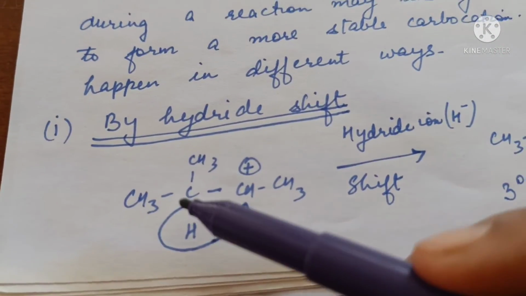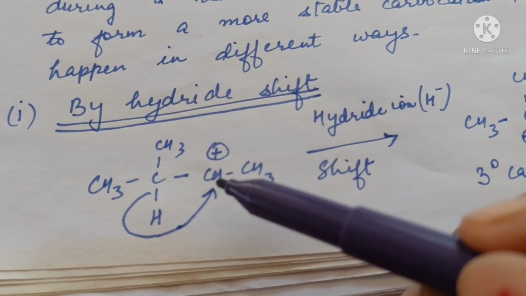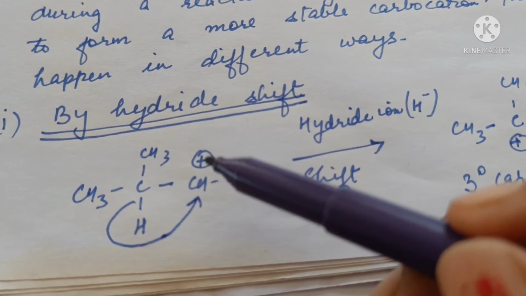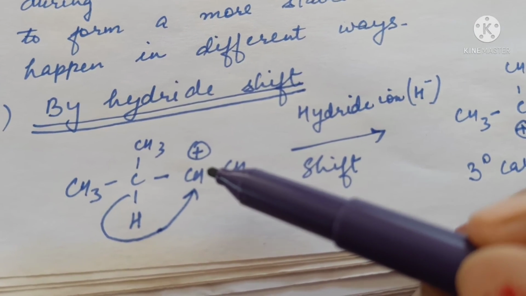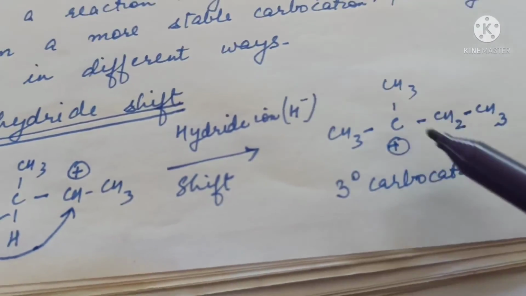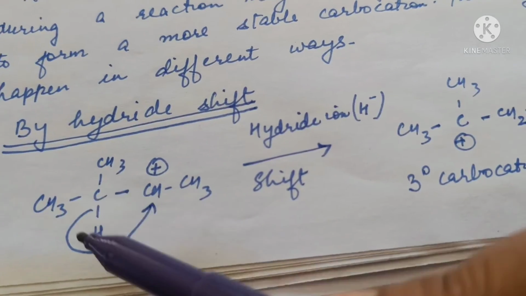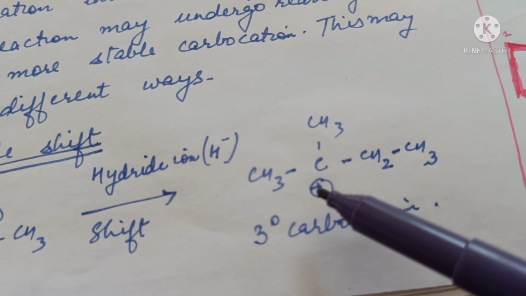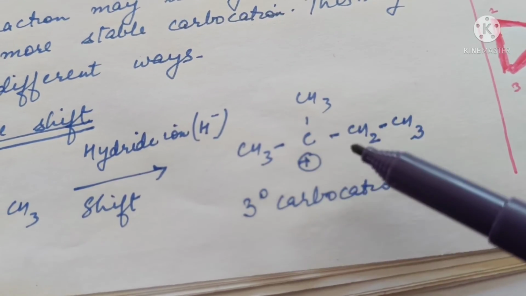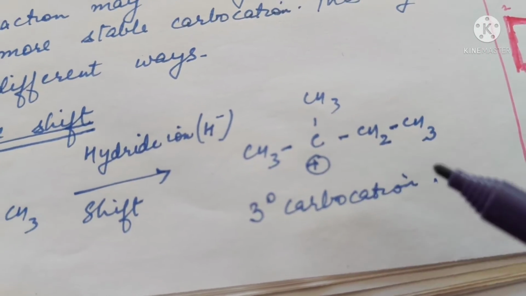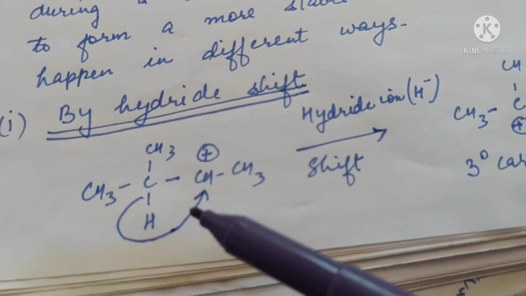In this case, the hydrogen along with its electron will move to the carbon bearing positive charge. So the secondary carbocation will change into a tertiary carbocation as the electrons have migrated from this position. So this is electron deficient in nature, but this carbon now is surrounded by 3 alkyl groups, so it is a tertiary carbocation which is more stable than the secondary carbocation.